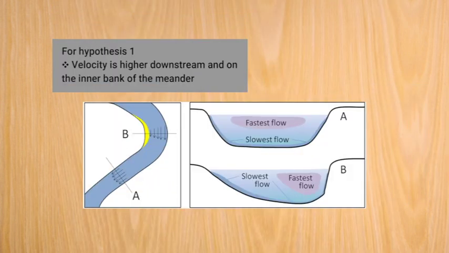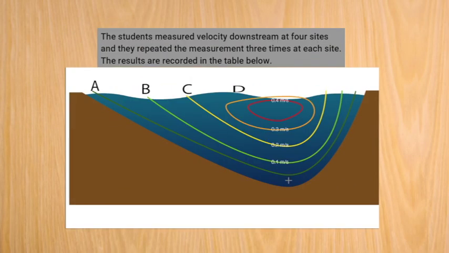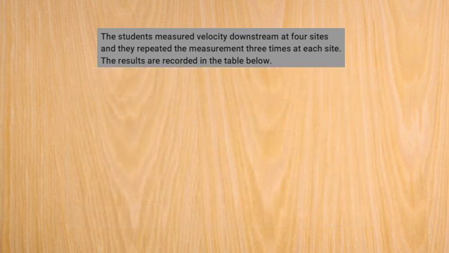For hypothesis 1, velocity is higher downstream and on the inner bank of the meander. The student measured velocity downstream at 4 sites and they repeated the measurement 3 times at each site. The results are recorded in the table below.